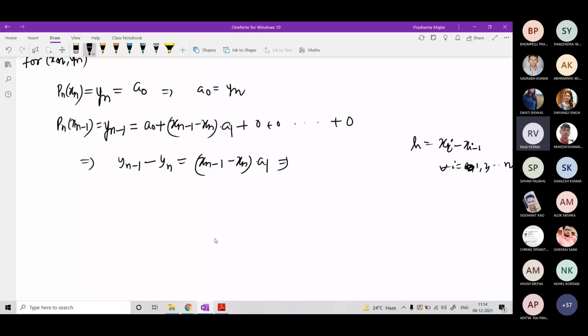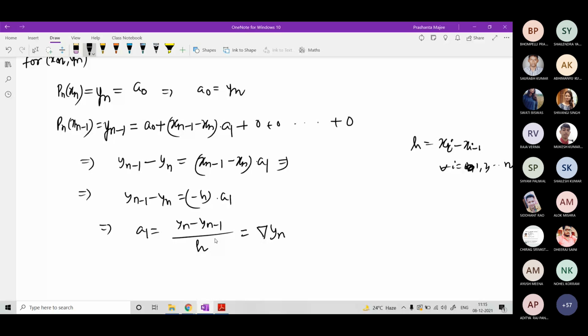Minus h. So here it will be yn minus 1 minus yn equals minus h into a1. So a1 will be equal to (yn minus yn minus 1) by h. What is this in terms of backward difference? Nabla yn by h.